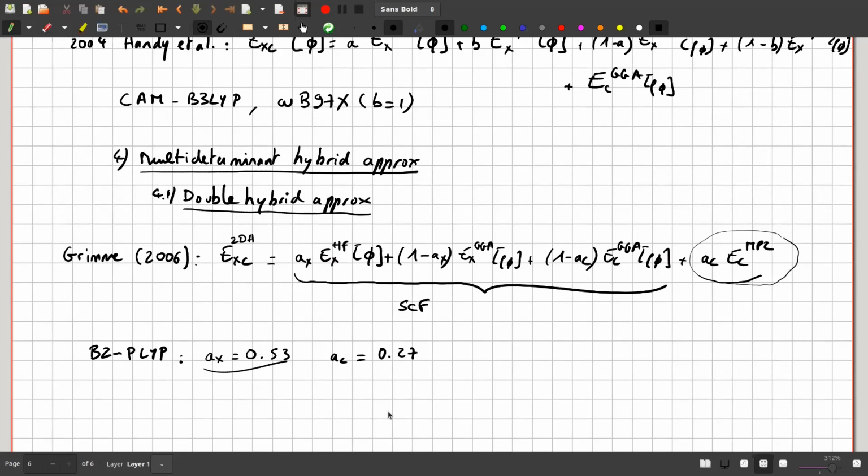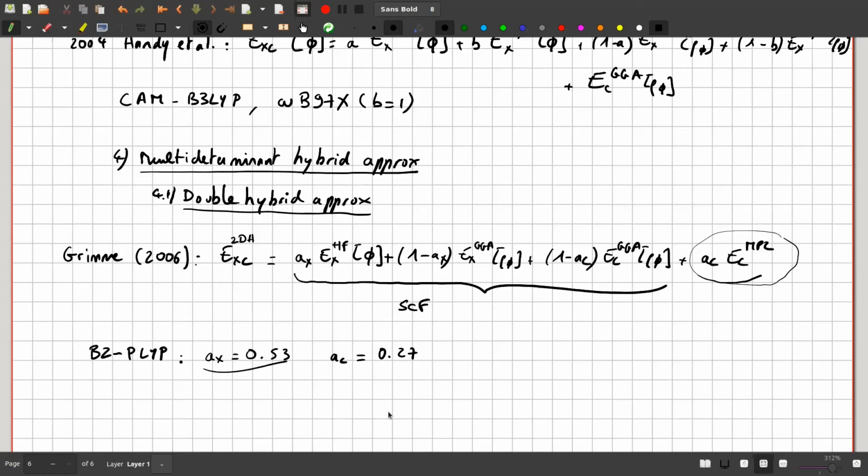Sorry, I have a question here in the chat. This range-separation parameter mu might depend on atom size. Yes, that's a good question. So here, the normal way to do it is to have a fixed value of mu for all the systems.